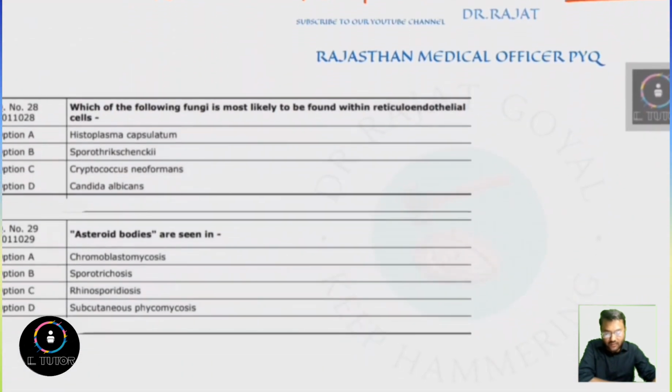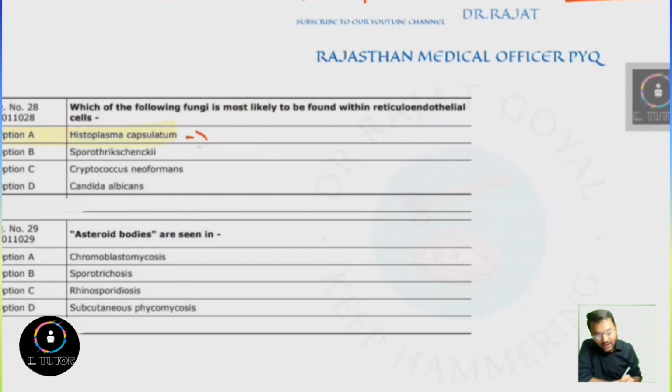Which of the following fungi is most likely to be found within reticuloendothelial cells? So among the given option, which are Histoplasma capsulatum and Sporothrix, Cryptococcus and Candida, the fungi which is found in the reticuloendothelial cells is Histoplasma capsulatum.